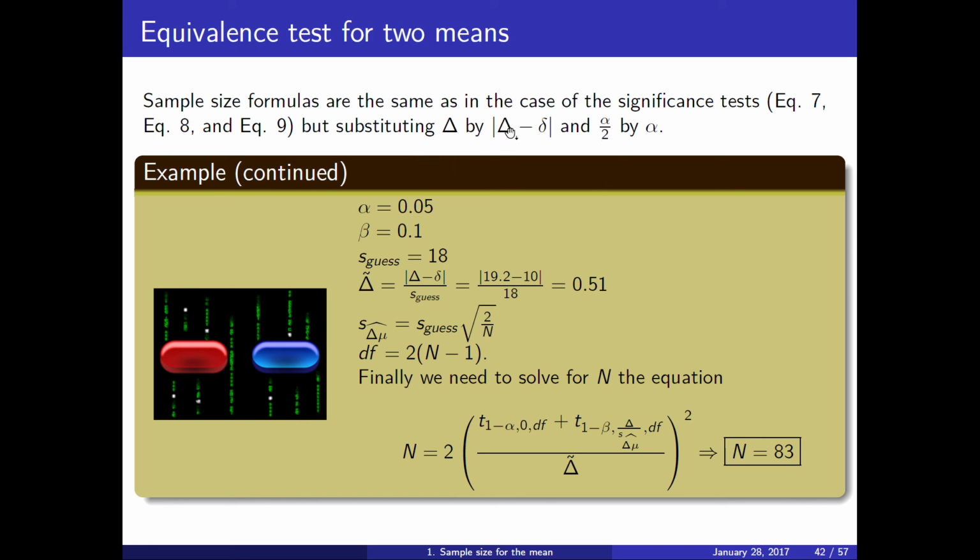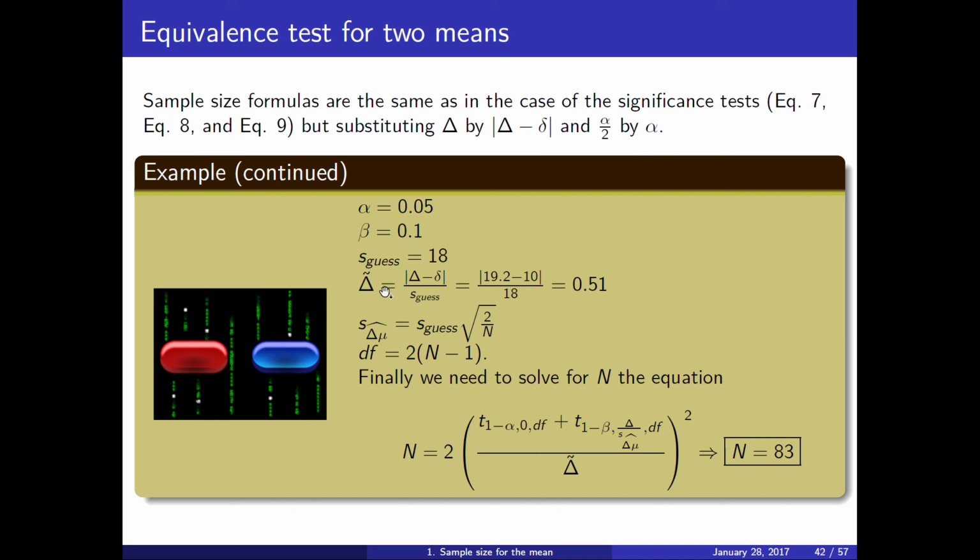It is similar to what we had before in the case of the significance tests, simply changing delta by the absolute value of delta minus the minimum detectable difference. And where we had alpha half, we had to put alpha.